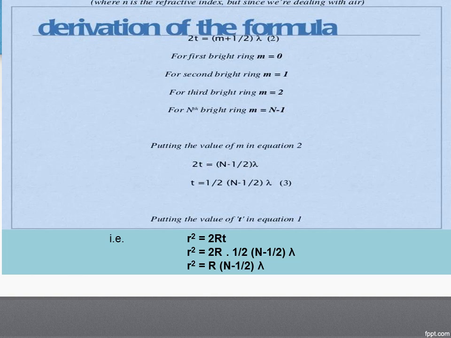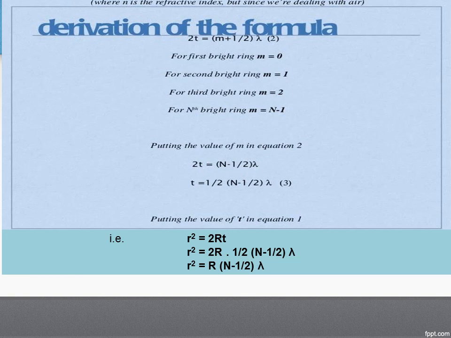Now here we have taken the refractive index equal to 1 for air. So actually the formula is 2nt equals m plus half lambda, but n is equal to 1. So this becomes 2t equals m plus half lambda, which is our equation number 2. For the first bright ring we take the order equal to 0, for the second bright ring we take order 1, for the third bright ring we take order 2, and for the nth bright ring we take order equal to n minus 1.